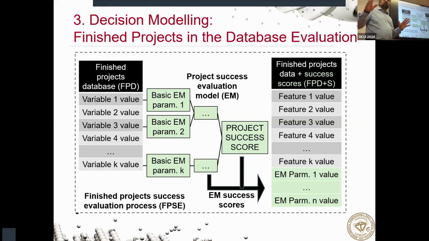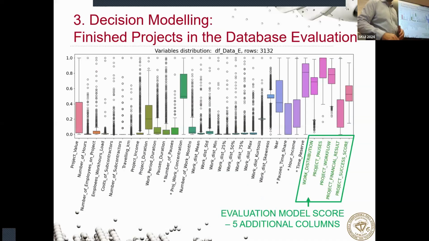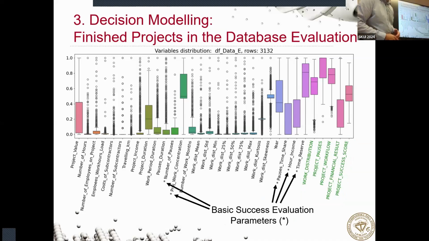So the idea is that we have to evaluate all the finished projects in the database. In this way, we obtained 5 additional success scores for each project. So this can be seen as derived variables for the next components in the decision support system.